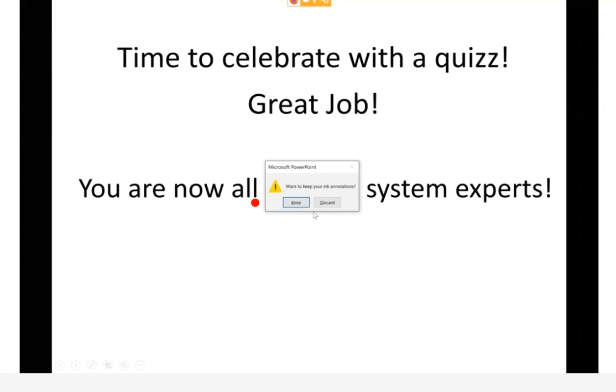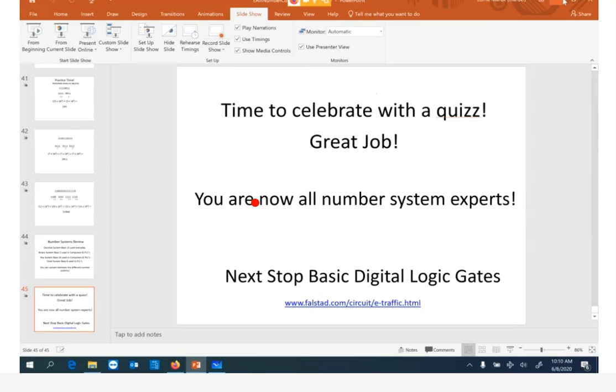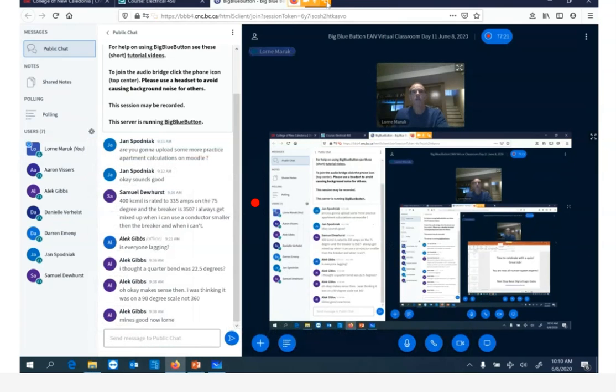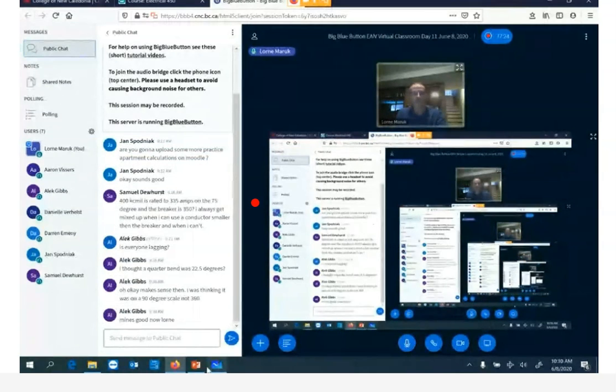Now, a couple of things that I didn't cover in this is, let's see here, I'll open up this other page. I didn't cover ASCII or BCD.